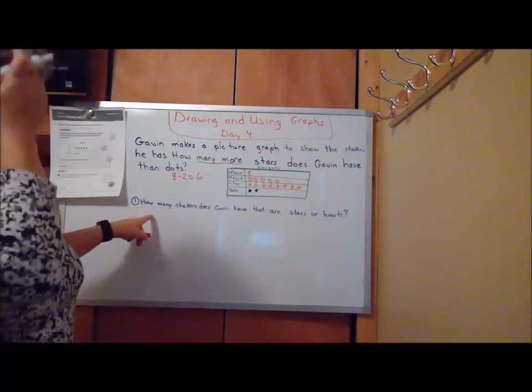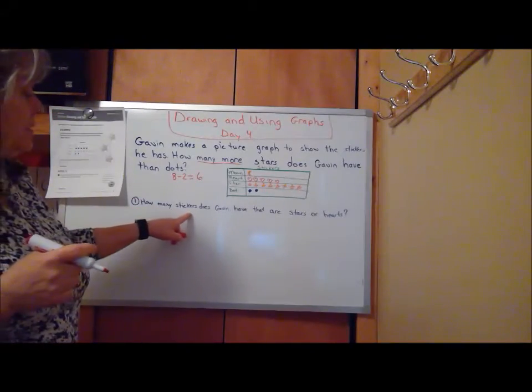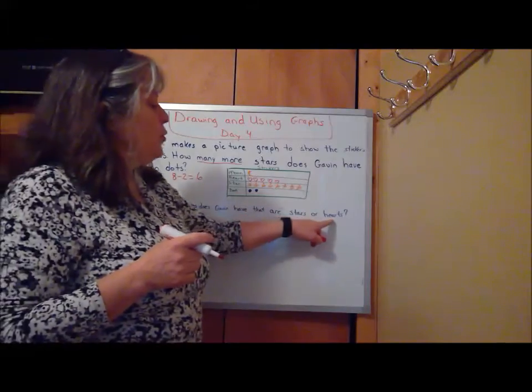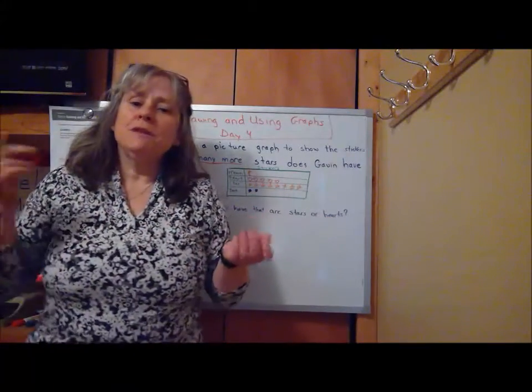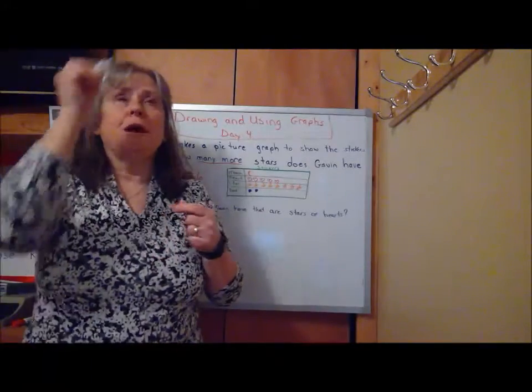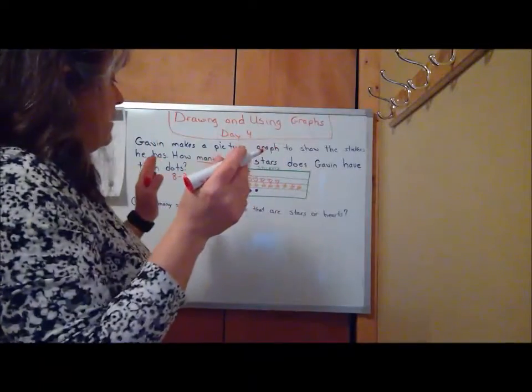So now we have another question about this same thing. How many stickers does Gavin have that are stars or hearts? So if we see that or, that means it could be a star or it could be a heart. So I would go in and count anything that's either a star or a heart. Or I can look up here.